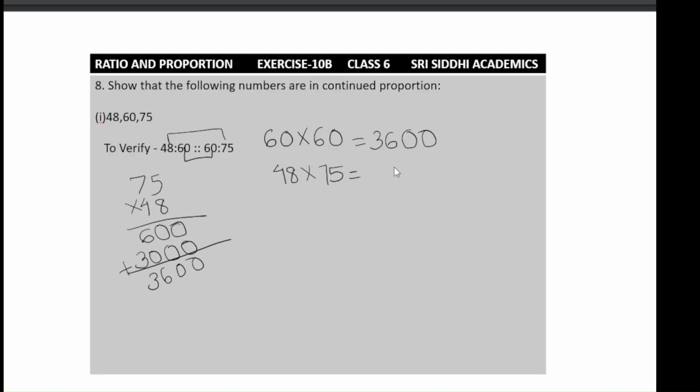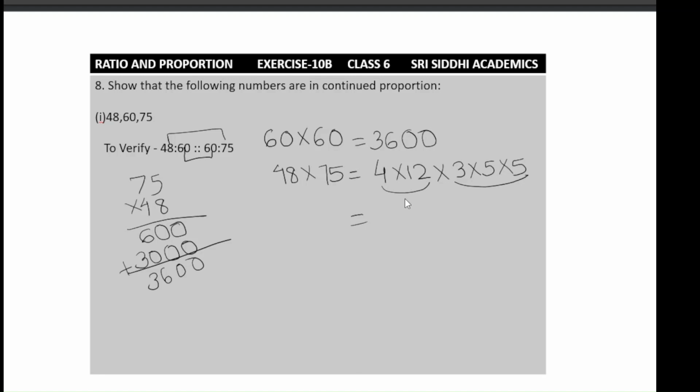One more way to do this is rearrange these numbers. We know that 48 is 4 into 12, right? And 75 is what? 3 multiplied with 25. 25 into 3 is 75. So 25 also I can write as 5 into 5. I have just broken down 48 to this and 75 to this.